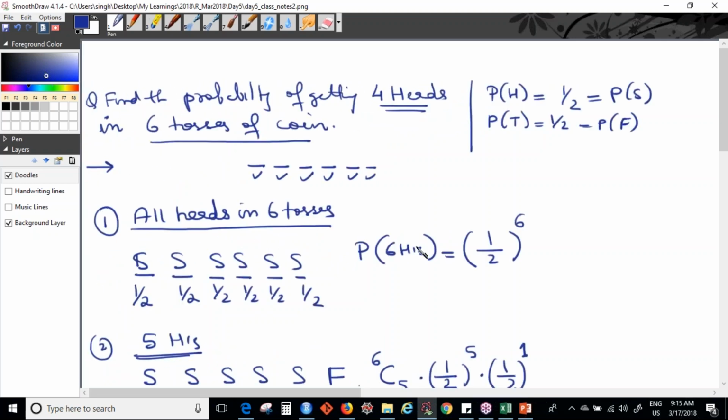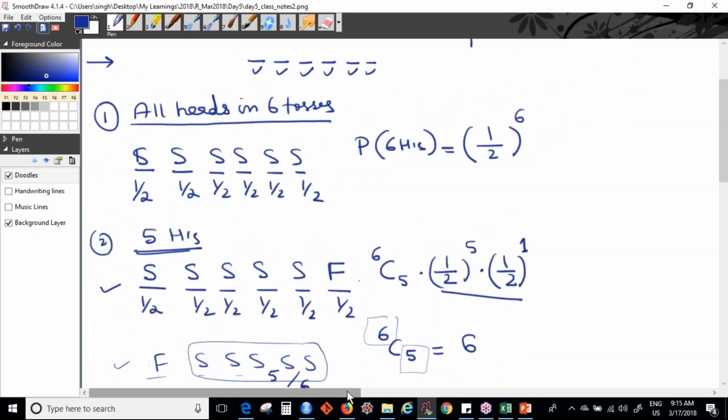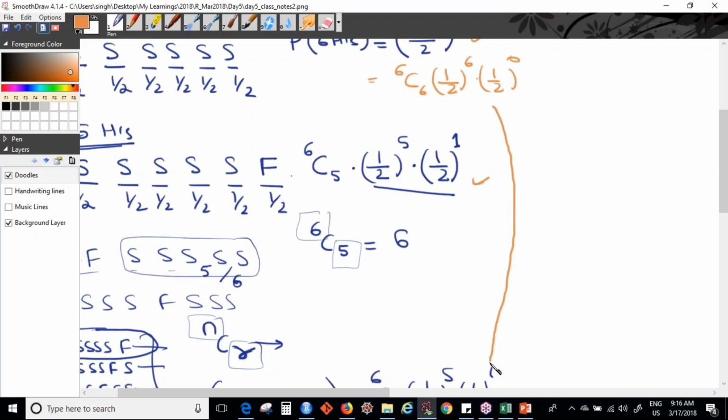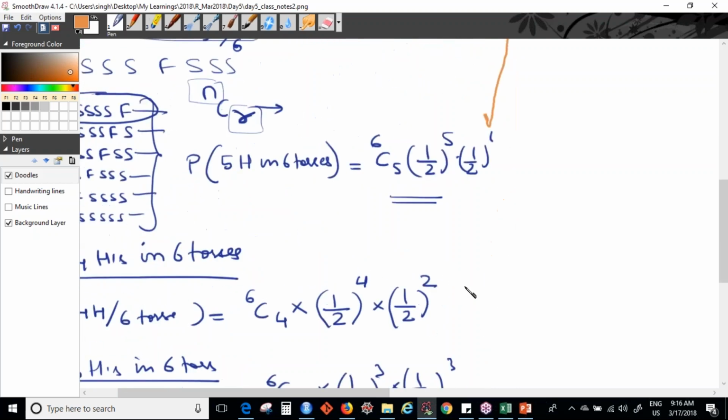Here, if I convert this, so this also was coming from the same formula. I could have written this as 6C6 into 1 by 2 to the power 6 into 1 by 2 to the power 0, just to convert it to the same formula. So all these formulas are the same.